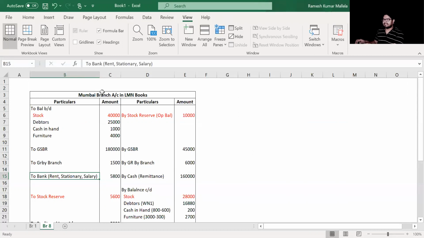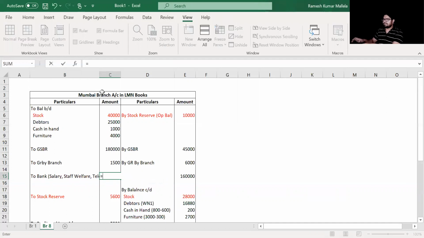So let us take each of those. What all expenses are there? You have salary, then you have staff welfare, and you also have telephone. So these are broadly your expenses.